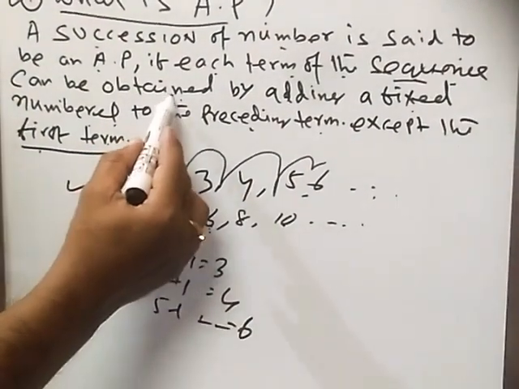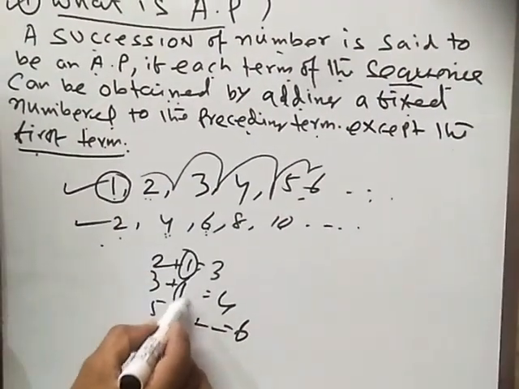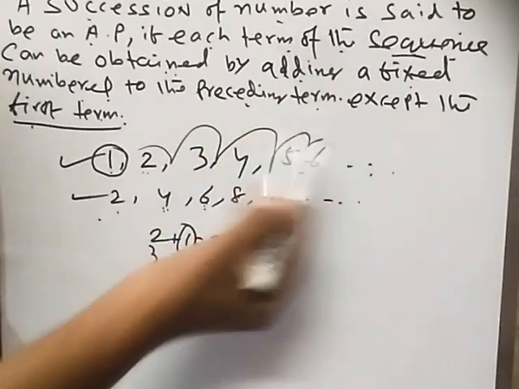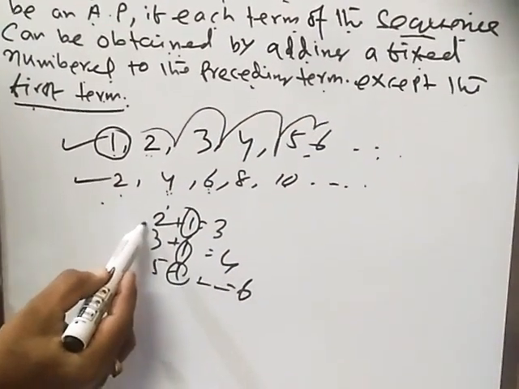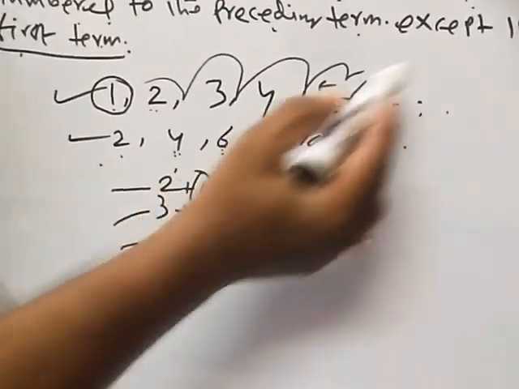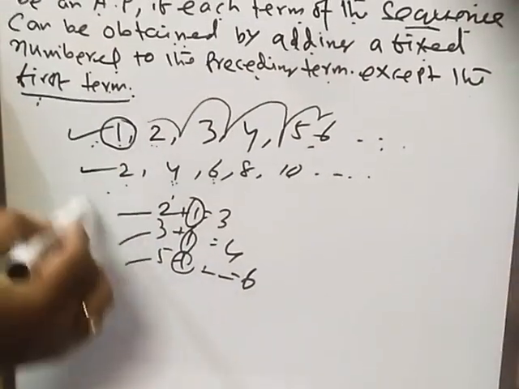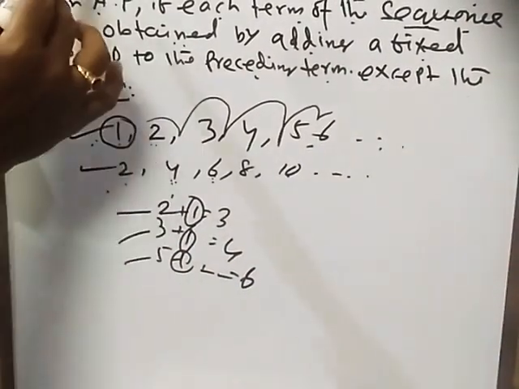Clear? Can be obtained by adding a fixed number. This is the fixed number to the preceding term. This is the preceding term. Preceding term 2, preceding 3 and 5. Except the first term. So except this one. Clear?